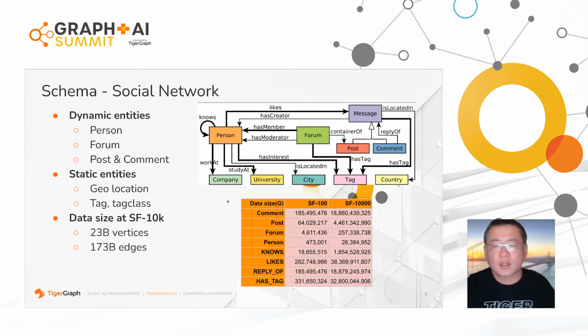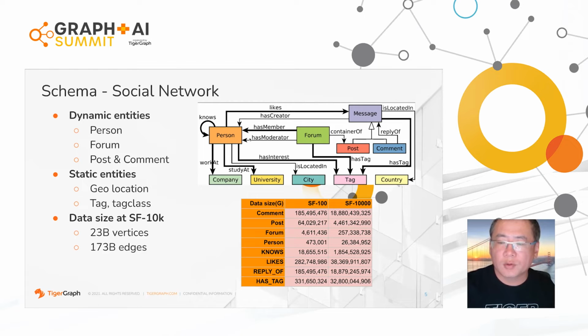This schema is used to simulate a real-life social forum scenario. The main entity in this social network schema is the forum. A person can post a message in the forum, and the forum has members who are different persons.